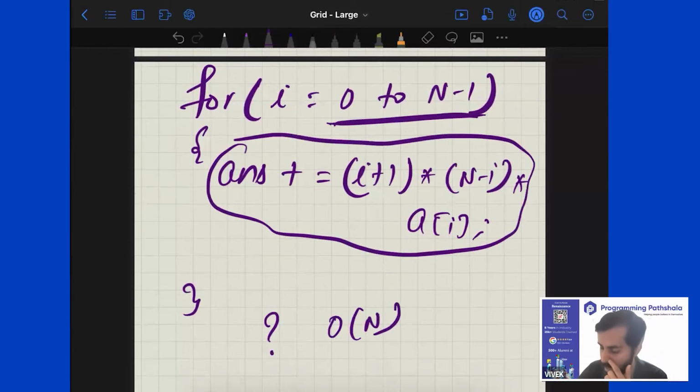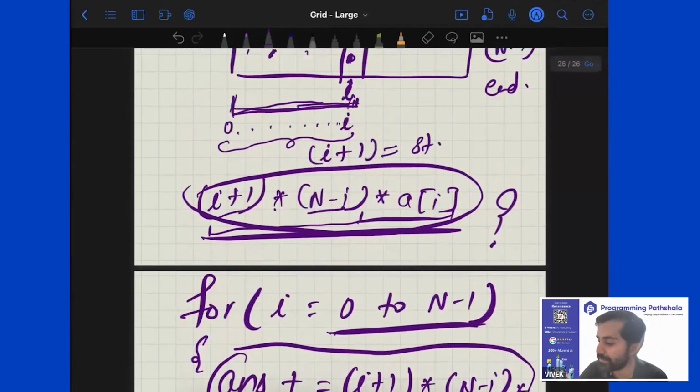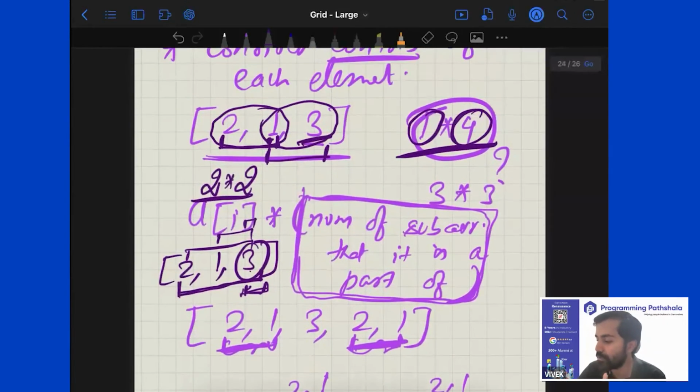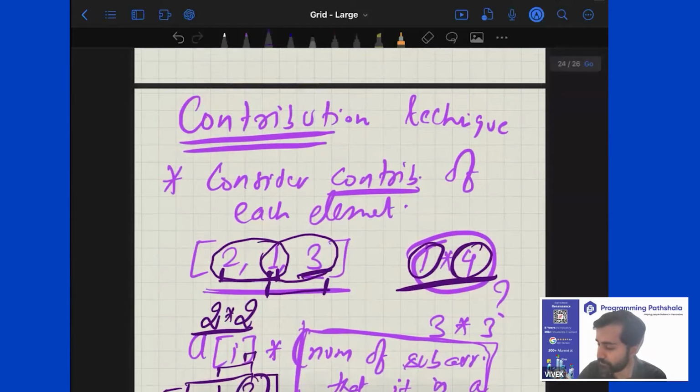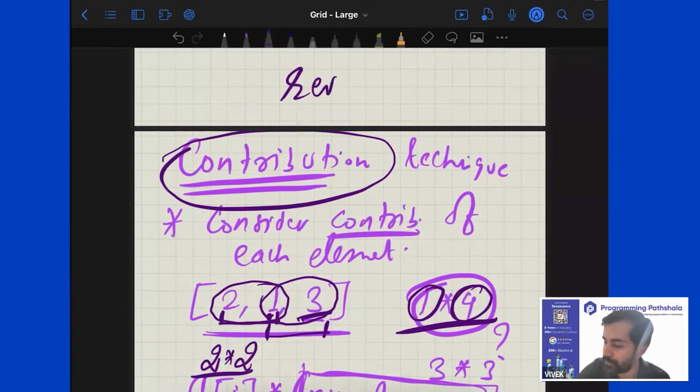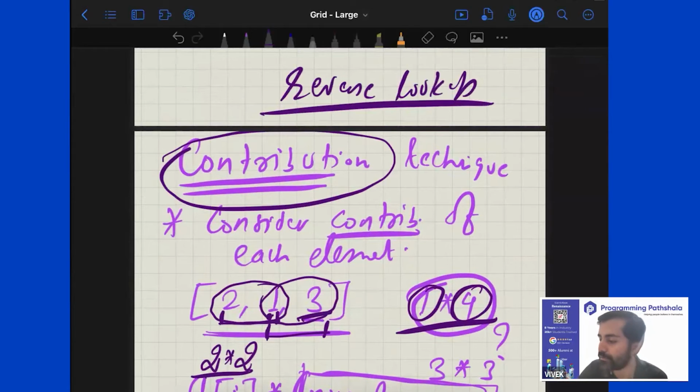See, just to sum it up, the simple idea is that instead of listing down all the subarrays, we wanted to consider contribution of each element. This technique is also called as reverse lookup. Certain people call it like that. It basically means that instead of doing what has been told, you do reverse of it. And thereby you obtain some optimization.